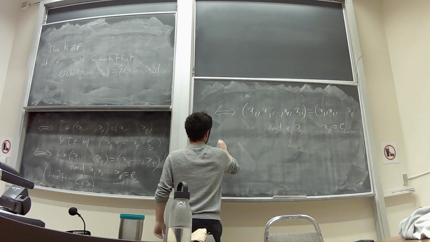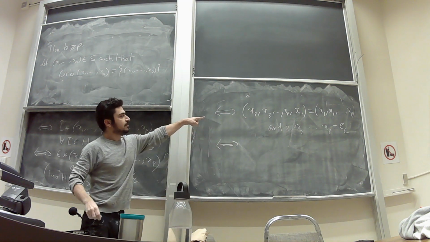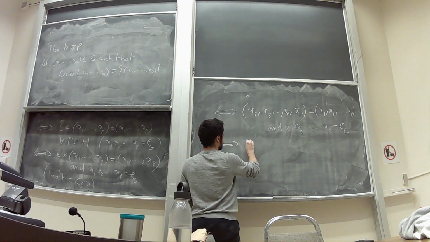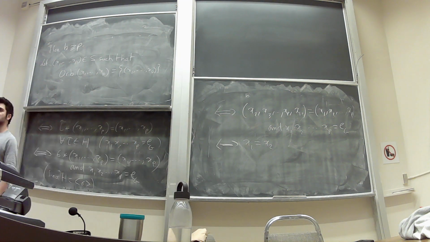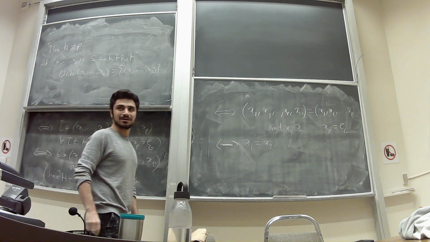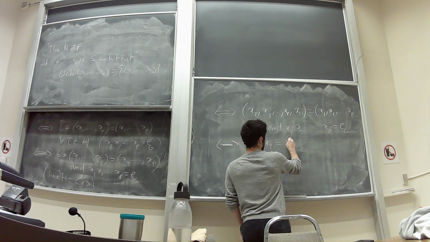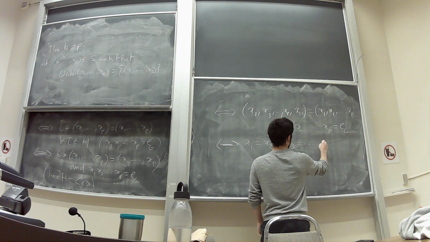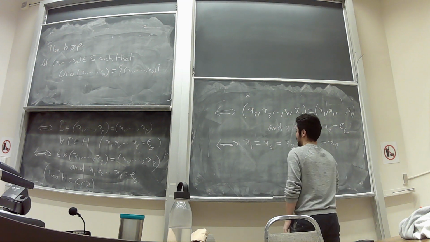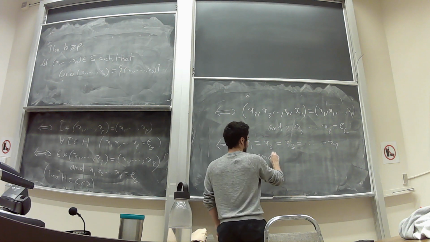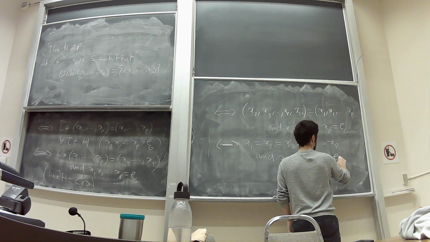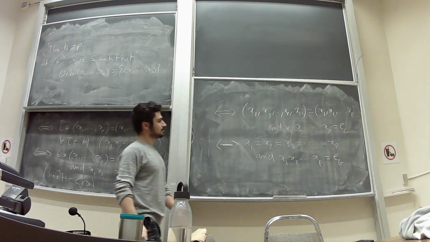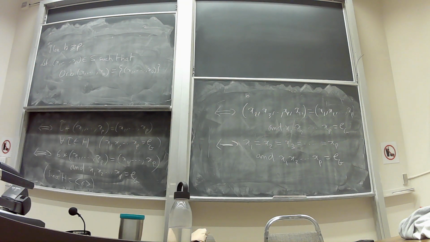Well, this happens if and only if what? Look at the first component. This tells me that x1 is equal to x2. The second component tells you that x2 is equal to x3. So all of these should be equal, and the product is equal to the identity eG.